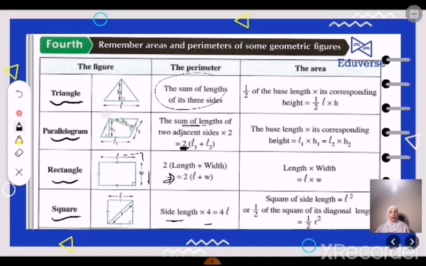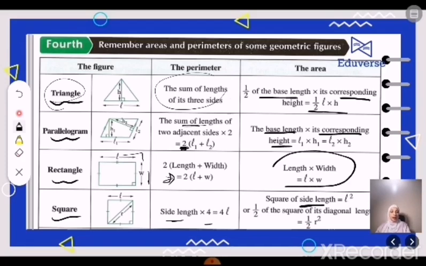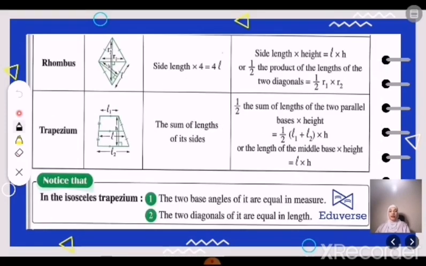What about the area? To get the area of the triangle, you multiply half by the base, multiplied by its corresponding height. Area of parallelogram, base length multiplied by its corresponding height. Rectangle, length multiplied by width, and the square, its side length to the power 2. Another figure here is the rhombus.